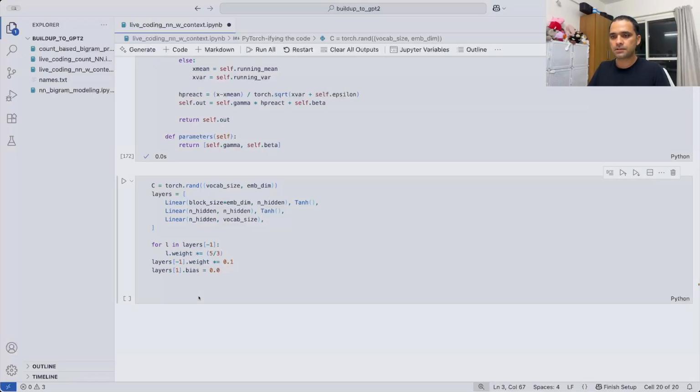Yeah, so this is all our initialization done, all the scaling and gains for the linear layers applied.